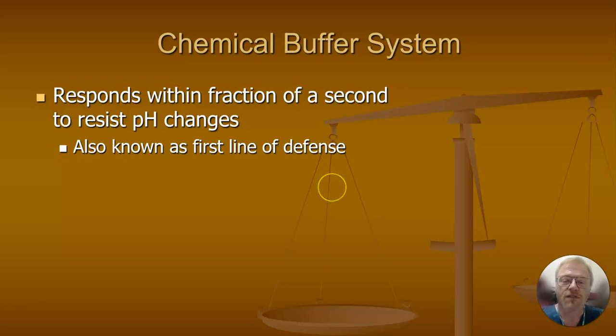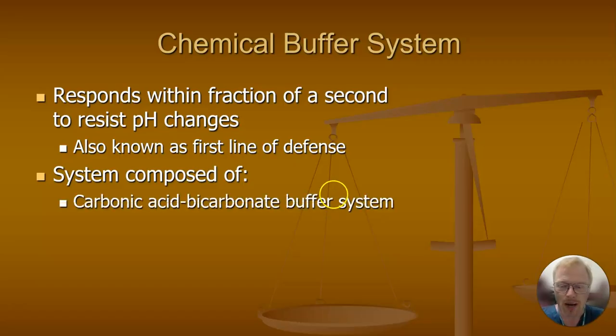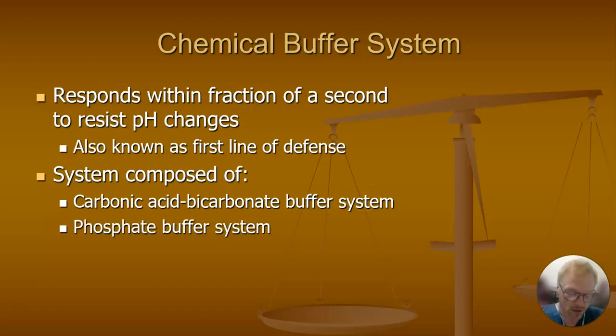This is our first line of defense. And the system is composed of carbonic acid bicarb buffering system, the phosphate buffering system, and a protein buffering system. Now we're going to get more involved in that in Respiratory 120 next semester.